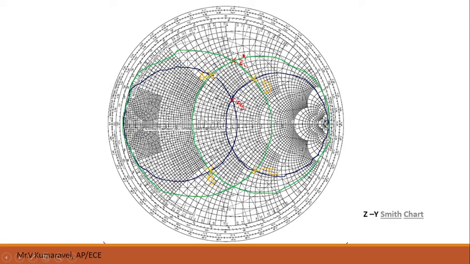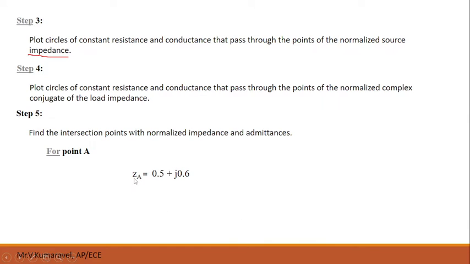Yeah, point A, it will be 0.5 here, and from here the value is 0.6. Therefore, the impedance at point A, ZA, is 0.5 plus j 0.6.